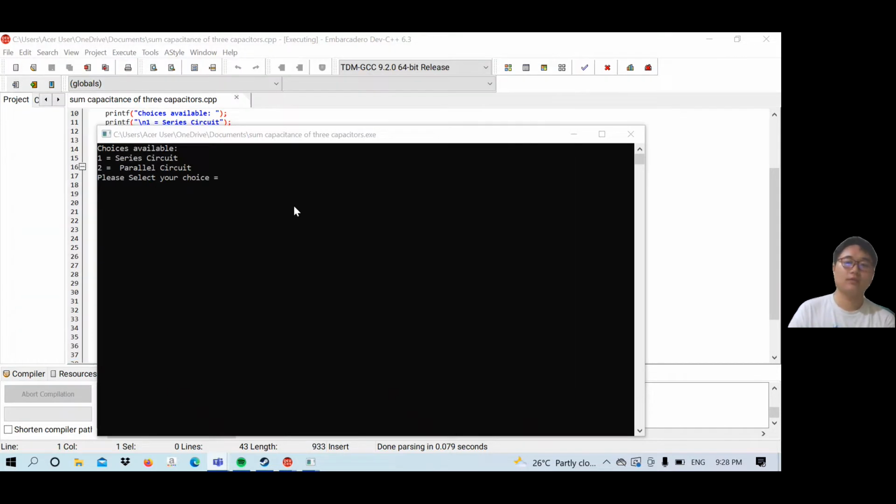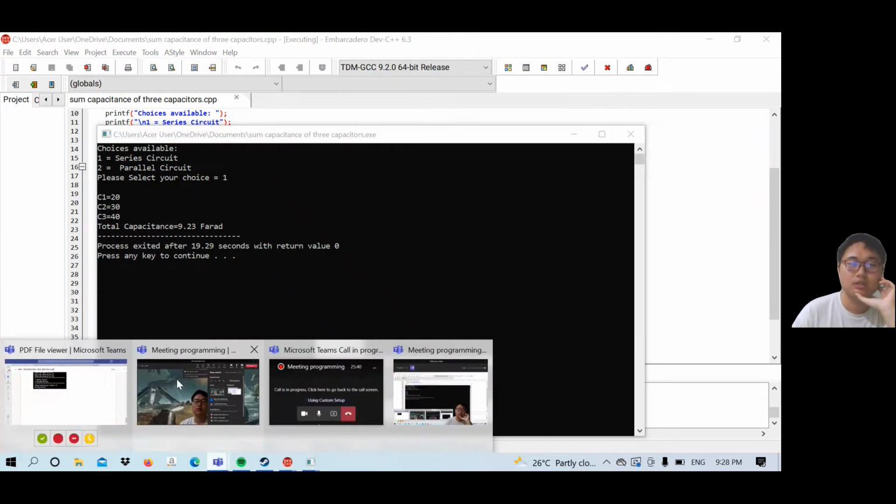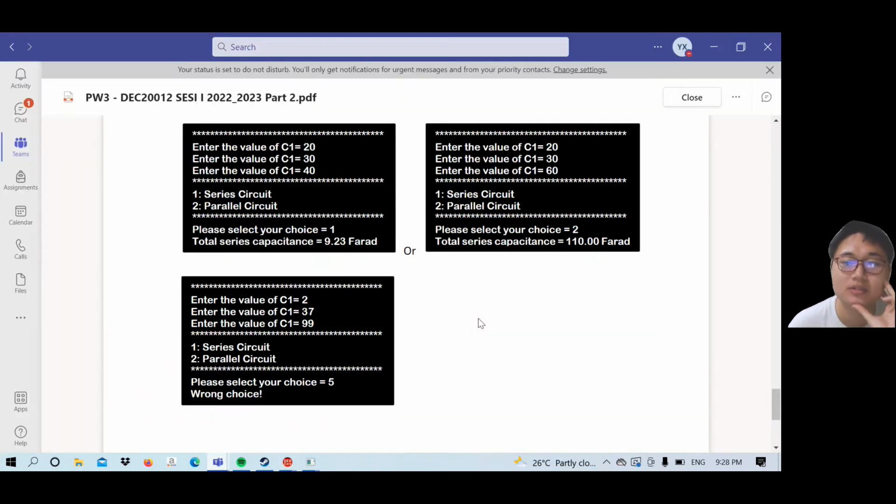Choices available. Number 1, series circuit. Number 2, parallel circuit. Please select your choice. When I put choice number 1, it gives me the same amount of capacitance, 9.23 farad, which is the same as the first output.